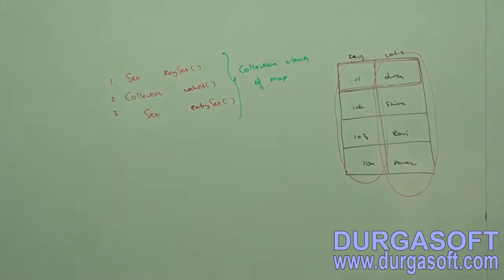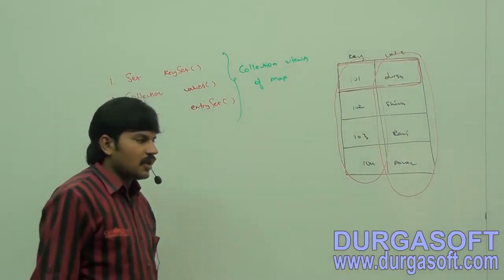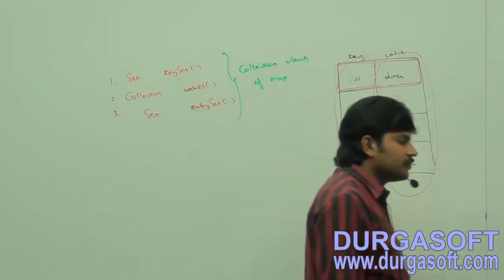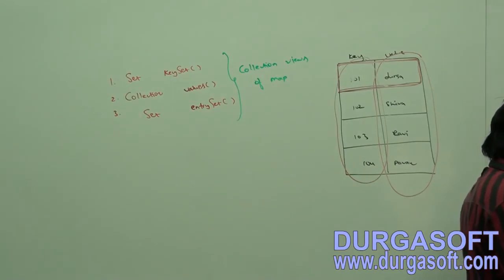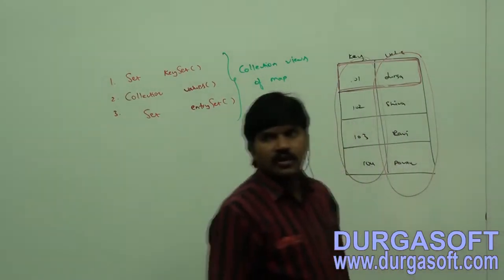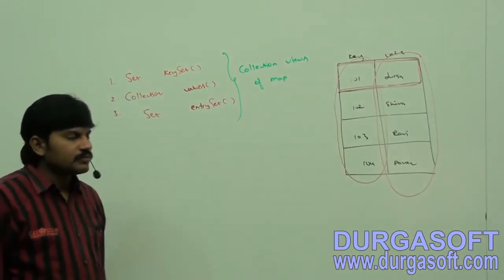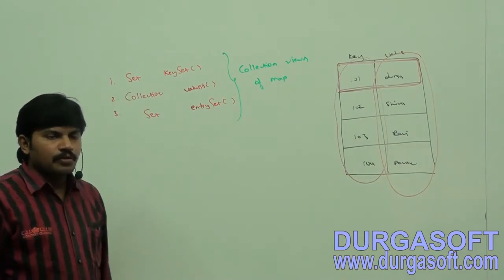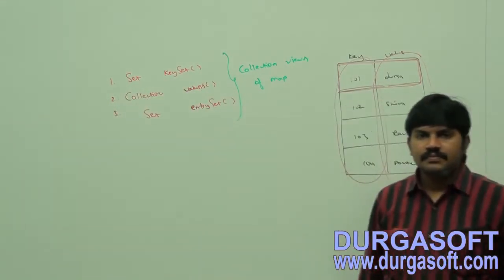These three methods are by default considered as collection views of map. Completed, right? So make sure you are aware of what the collection views of map are.